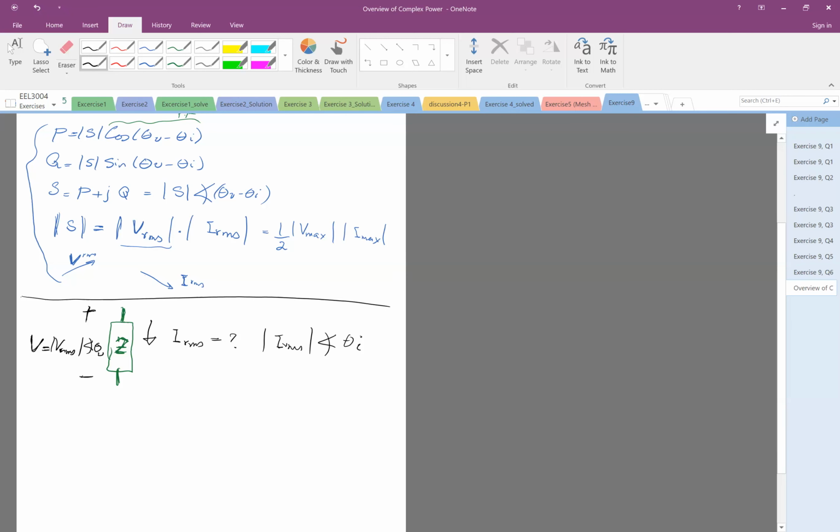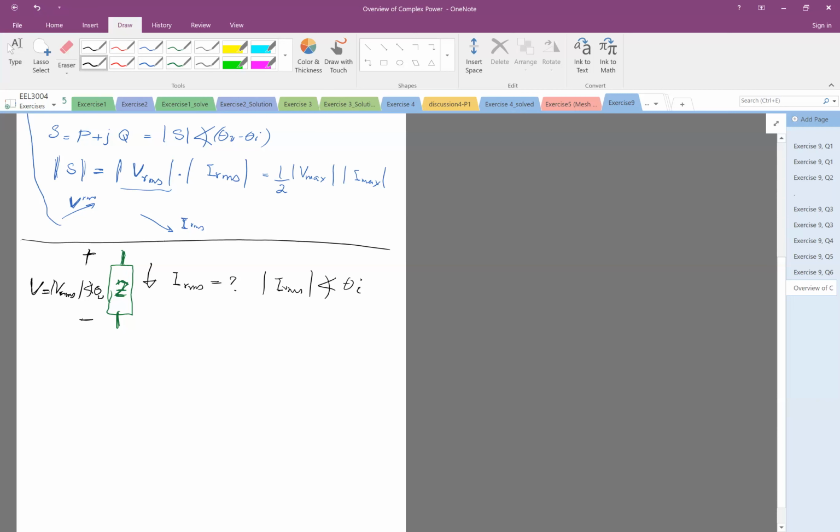Now I can give you some scenarios. Let's say I have VRMS and theta V, and I am also given the P in terms of watt.